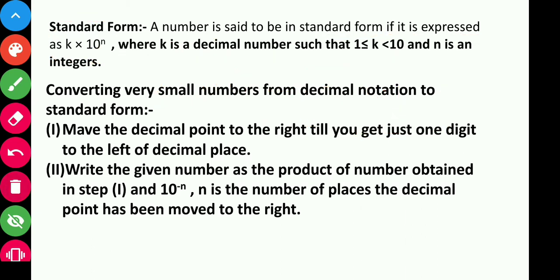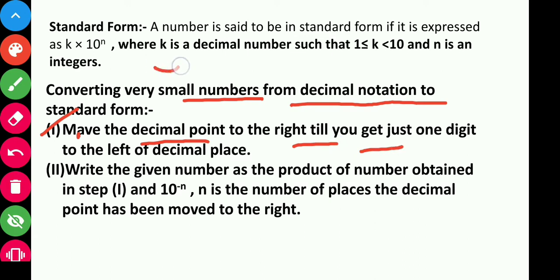Now, how to convert very small numbers from decimal notation to standard form. In this case, first step, move the decimal point to the right till you get just one digit left of the decimal place.